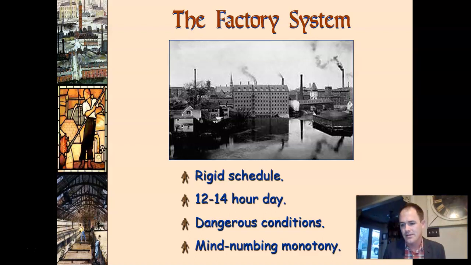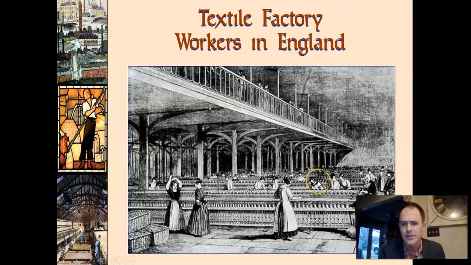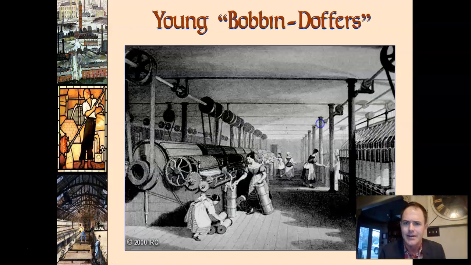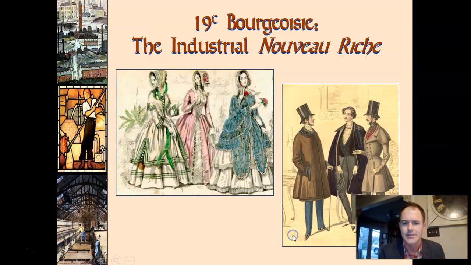You're not making the entire product. Eventually you're only going to be making one piece of the product, and these are dangerous conditions, and it's really hard work. And you see some examples here. These are women working in the textile factory, young children working in the textile factory.